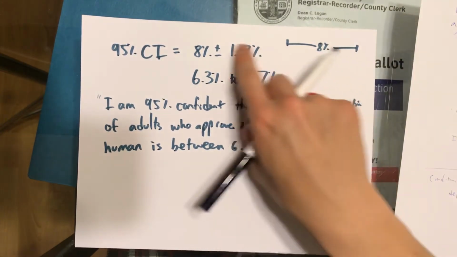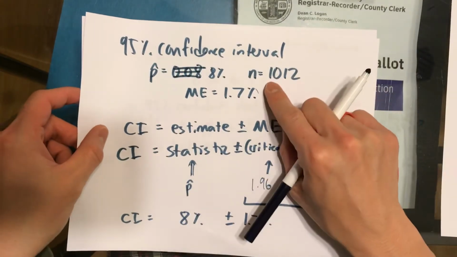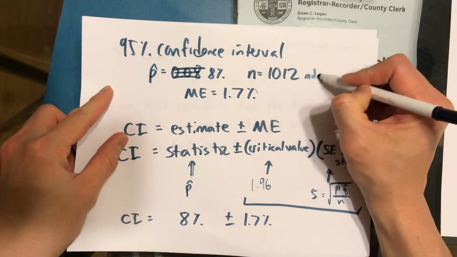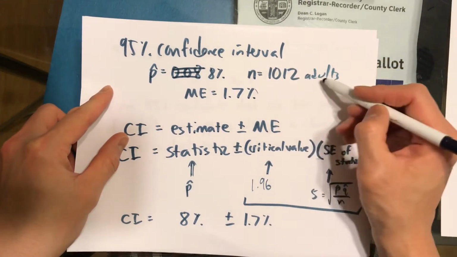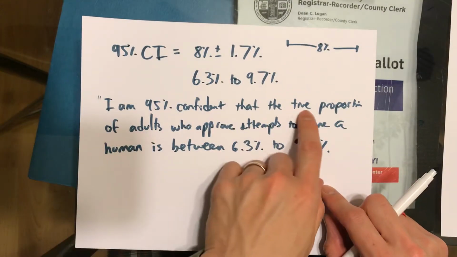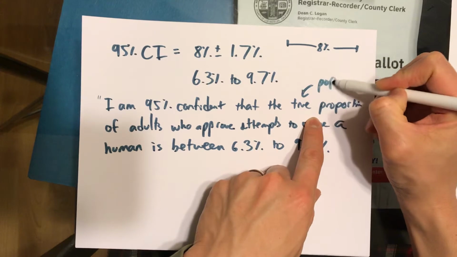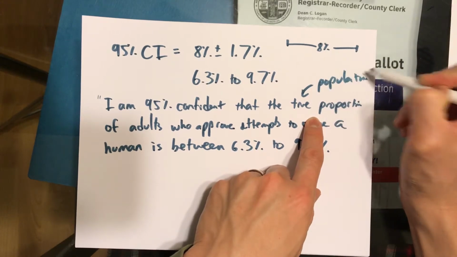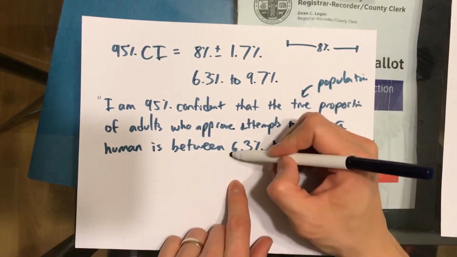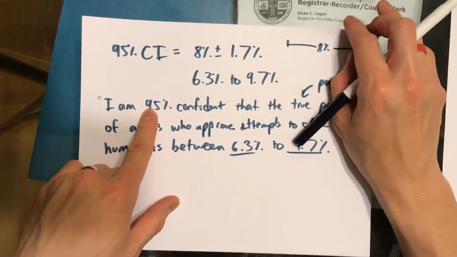But we have this sample of 1,012 adults. So based off of this sample, what can we say about the entire population? Well, we can say that the true proportion, which represents the population proportion, is going to be somewhere between this. How sure are we of this? We are 95% sure.